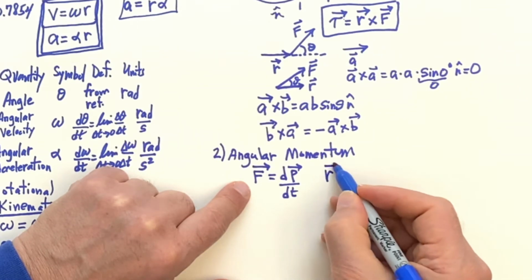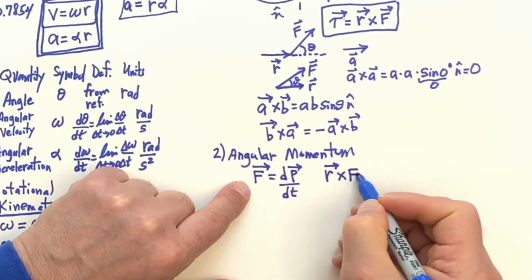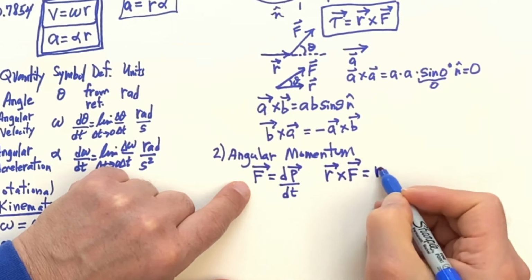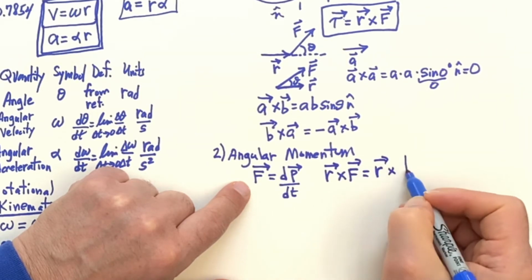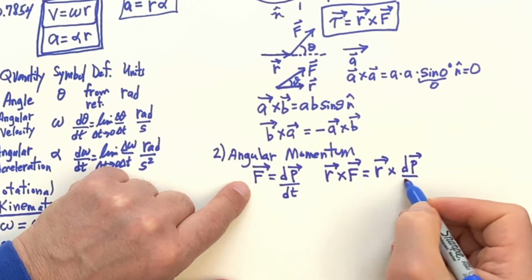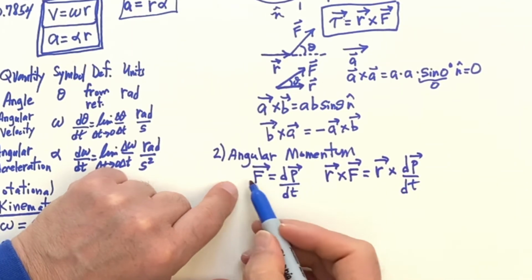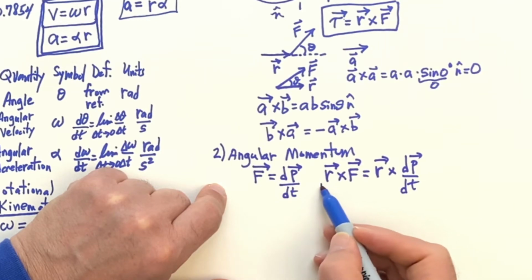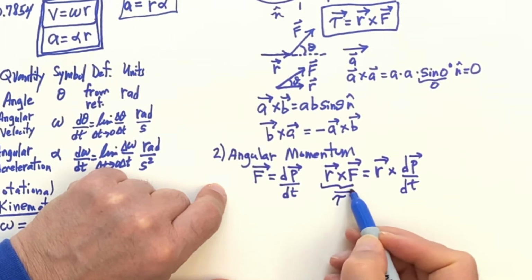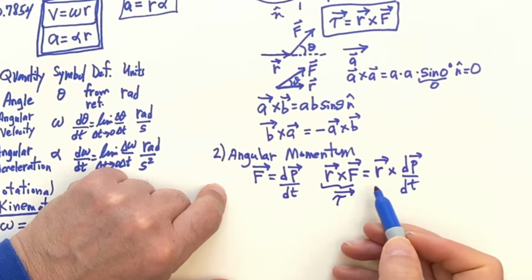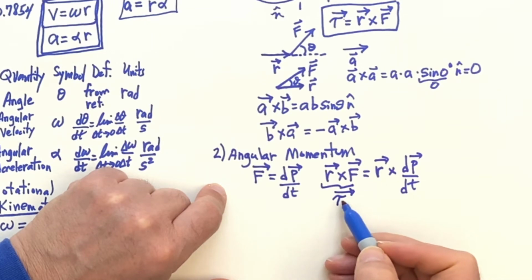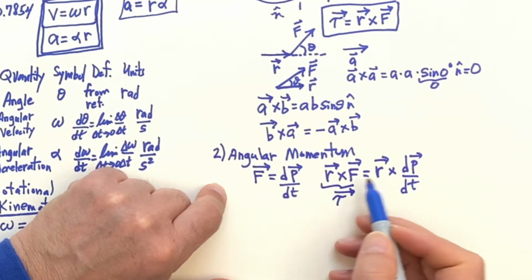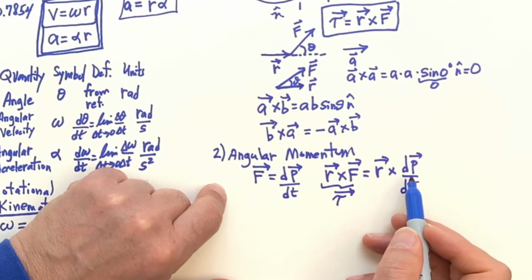So R cross F is equal to R cross dP/dt, by simply doing R cross on both sides of the equation. And this is equal to the torque. So now we have a physics equation. With our definition of torque, we are now relating it by Newton's second law to some kind of change in the momentum.